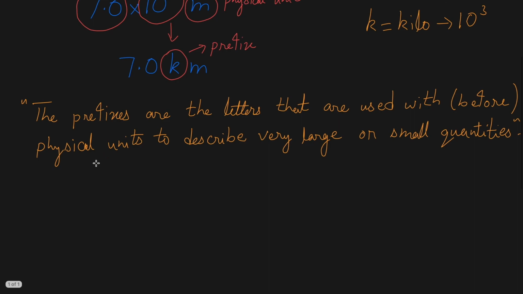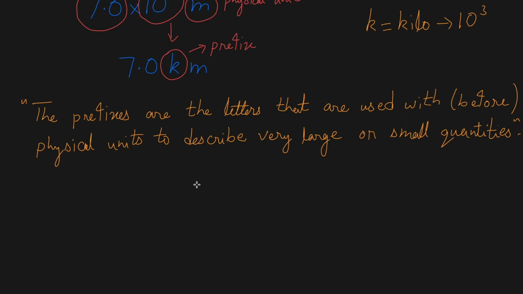Let's say it is easier to say 7 kilometers to a person when you're explaining verbally, instead of 7 times 10 power 3 meters. The first one sounds a little more logical and convenient than 7 times 10 power 3 meters.